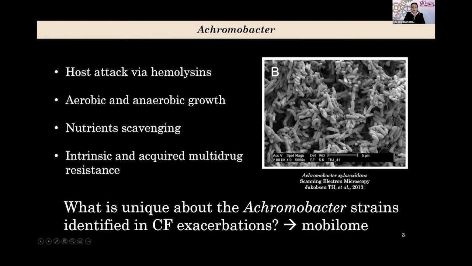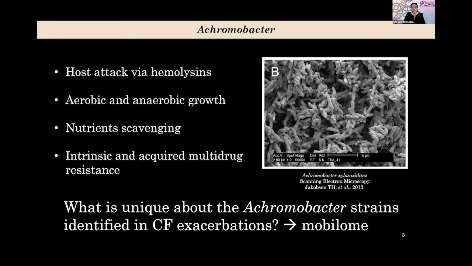And we know that these bacteria can grow using different metabolisms. It can grow under aerobic and anaerobic conditions, which maybe helps the microbe adapt to the CF lung. It is very good at obtaining nutrients, so it has mechanisms for nutrient scavenging, which means just getting rare nutrients from other sources.